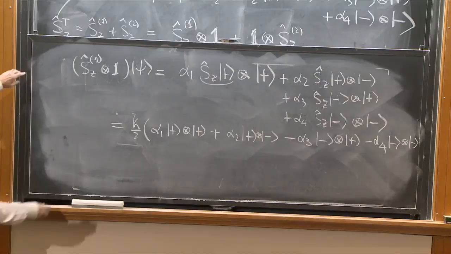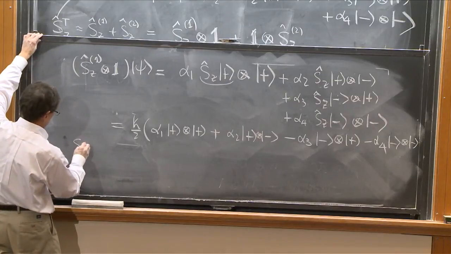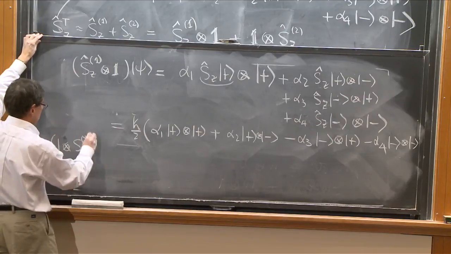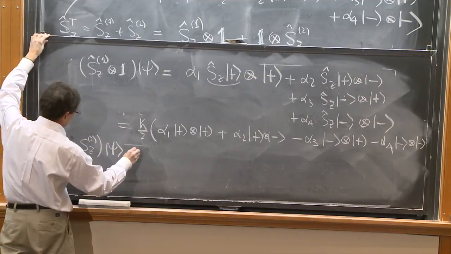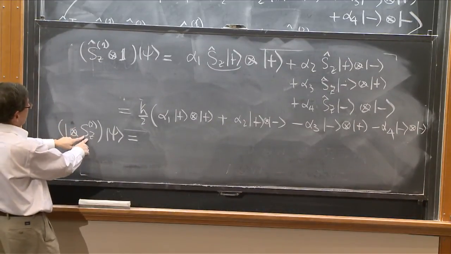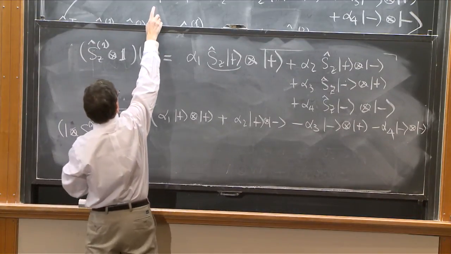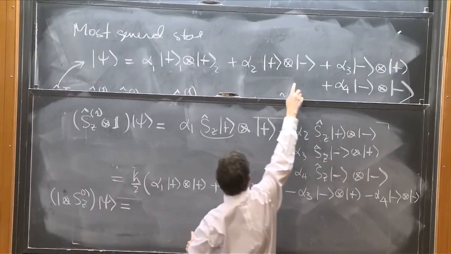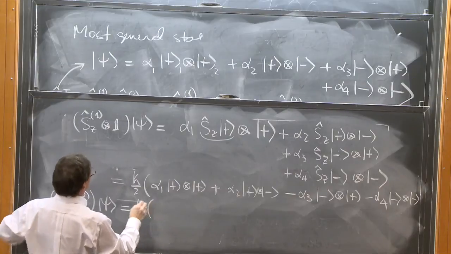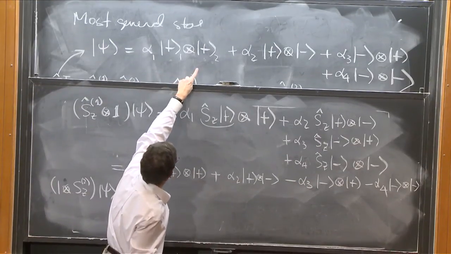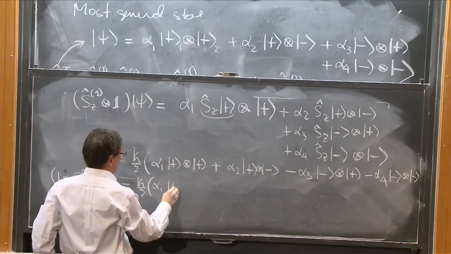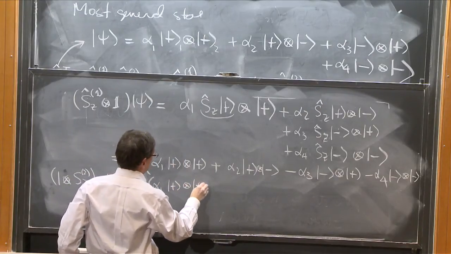If I do the other one, you can do it with me now quickly: 1 tensor Sz2 on psi. Once you get accustomed, these are pretty direct. I have to act with Sz hat on the second state, so I get h bar over 2. For the first one, you get a plus because it's acting on this thing. So you get alpha 1 plus plus.